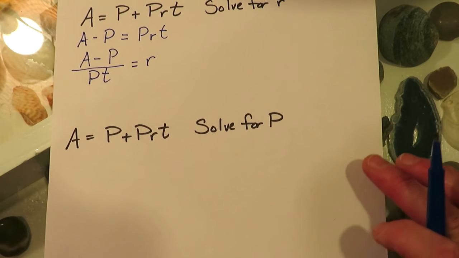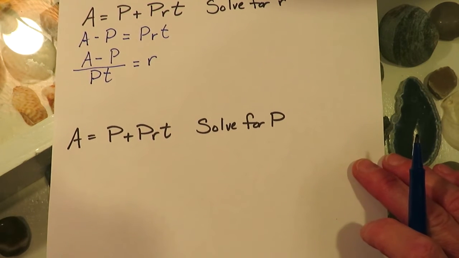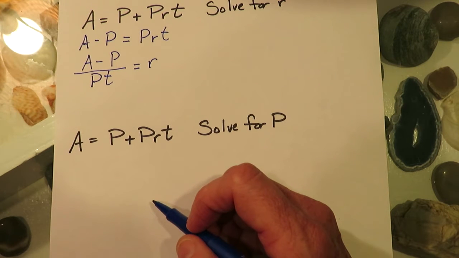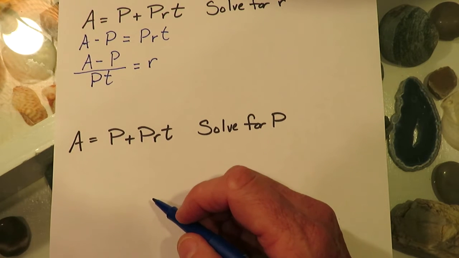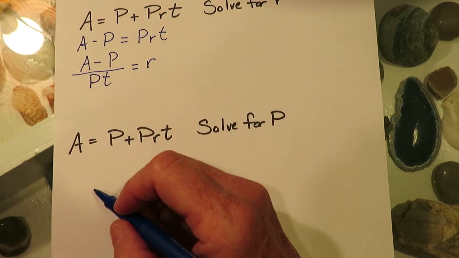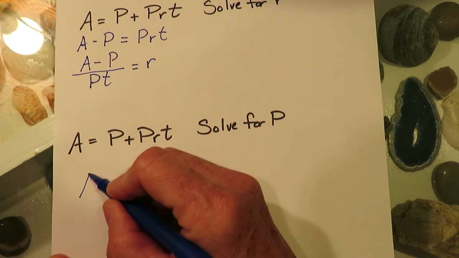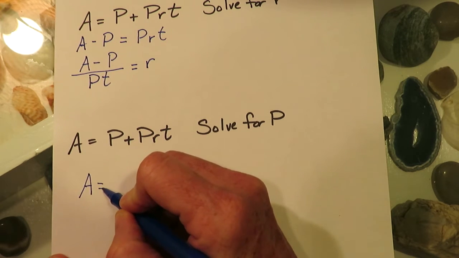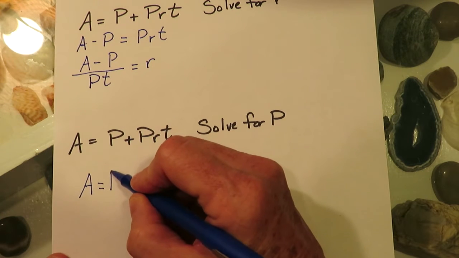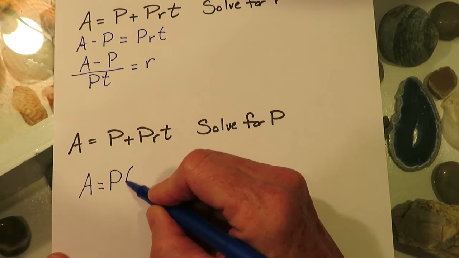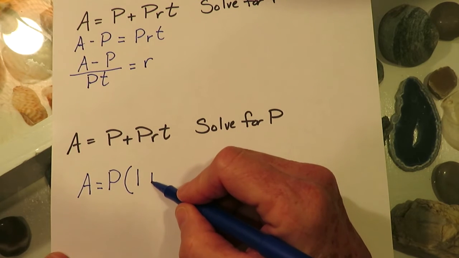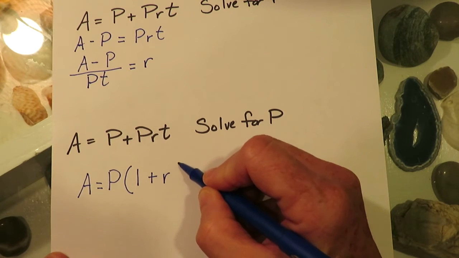I could also be interested in solving it for P. I might want to plug in different amounts of money I'm aiming for and different amounts of time and different rates and figure out what principal I would need to start with. So I'm trying to isolate P. So I need to have only one location for the P, so I need to factor out P from both of these terms.